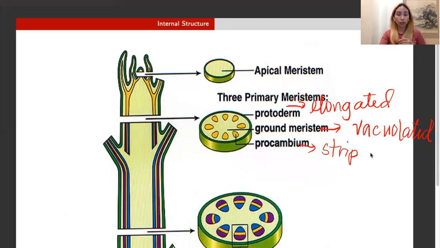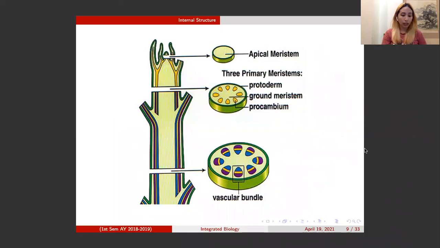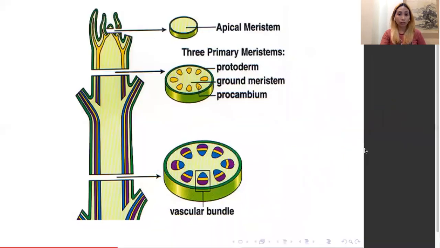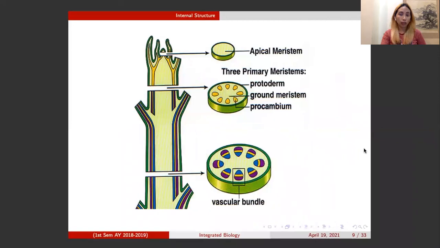So this is the region, once again, where you can find the primary meristems. It's a little below the shoot apical meristem, but it is not super low, because the rest of the plant in this area is in the maturation region already.